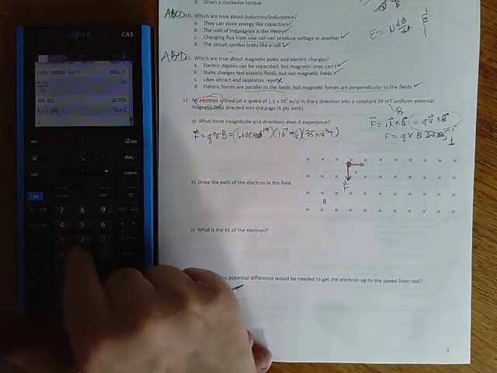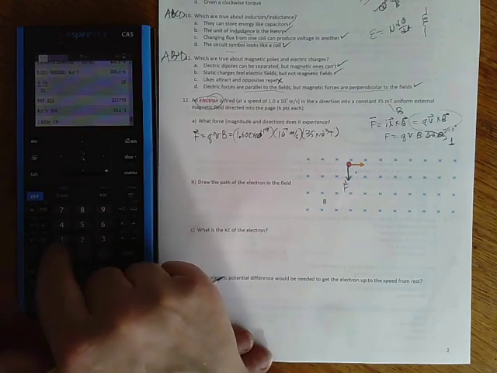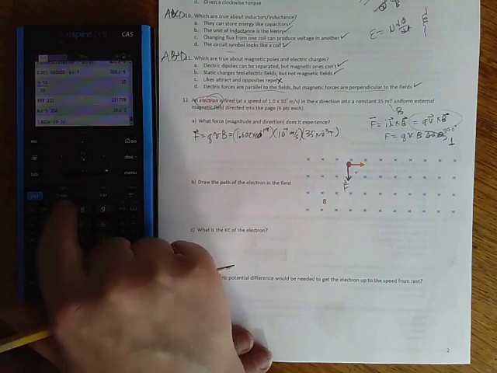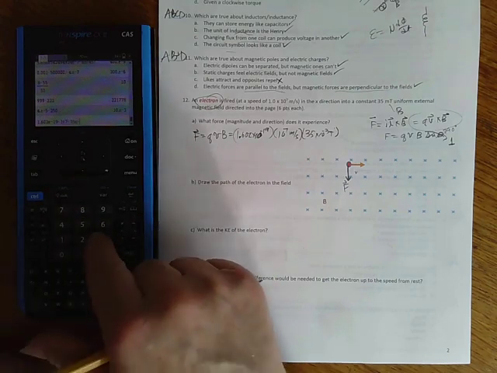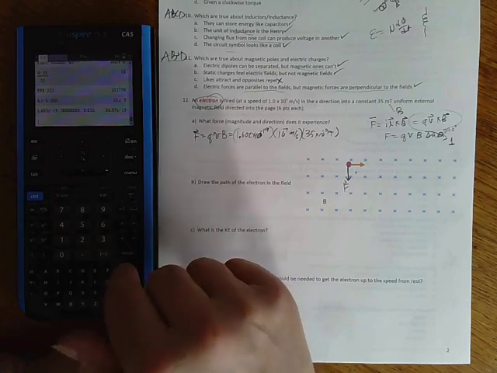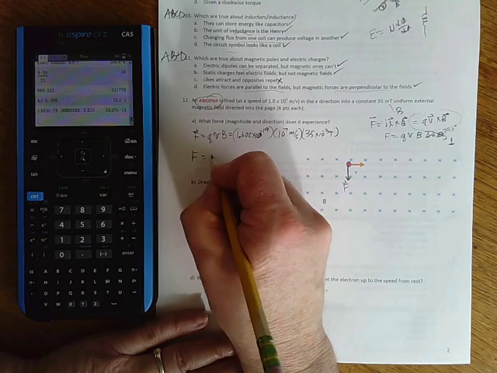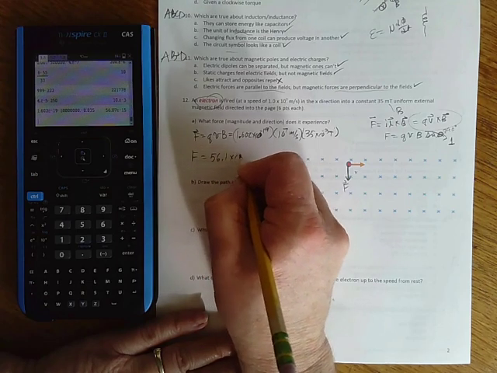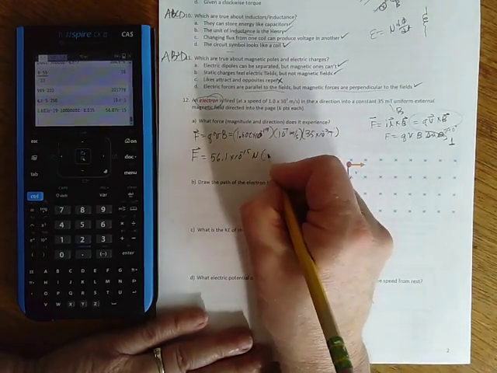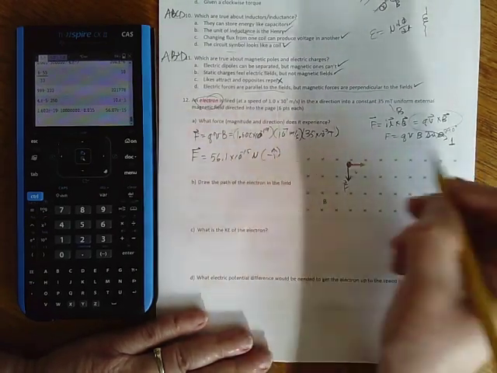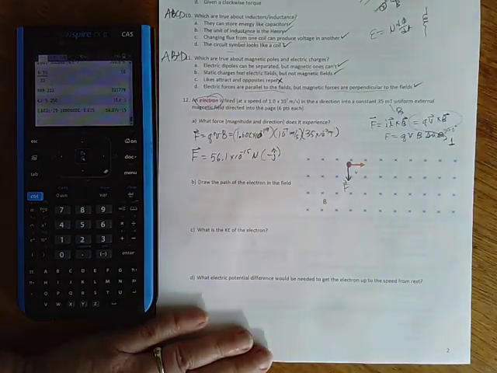So 1.602 times 10 to the negative 19 times 1 times 10 to the 7th times 35 times 10 to the negative 3. Still a tiny force, but it's an electron. So 56.1 times 10 to the negative 15 newtons, and we can say it's in the negative j hat direction, or see the figure.